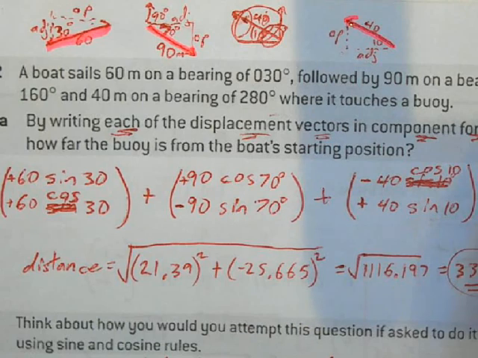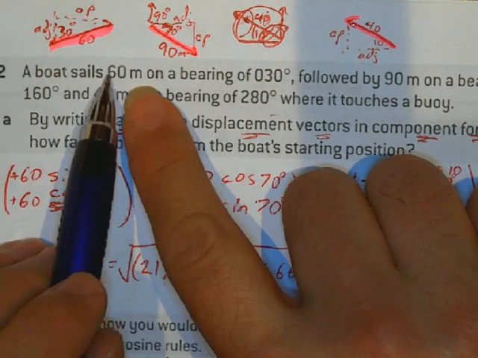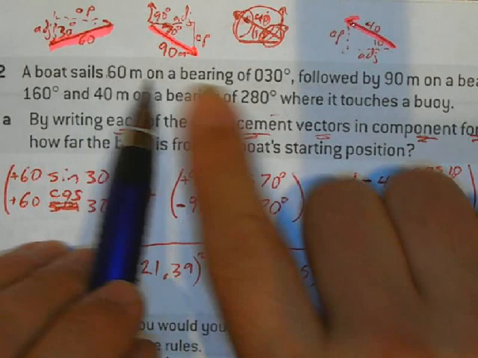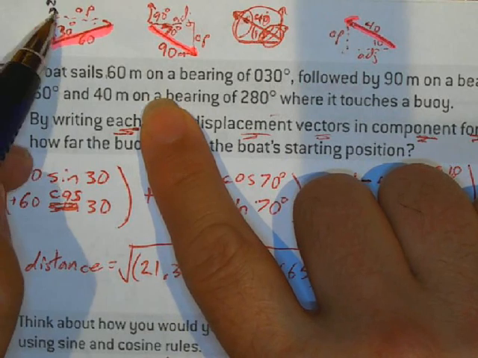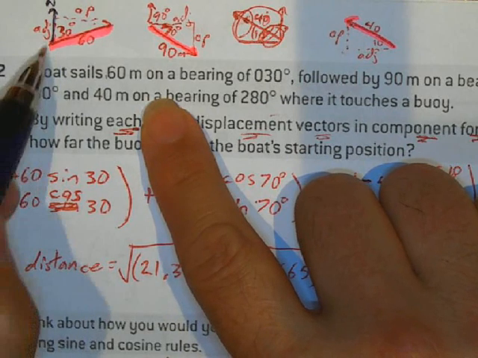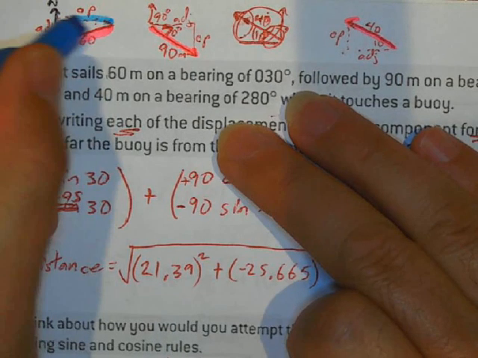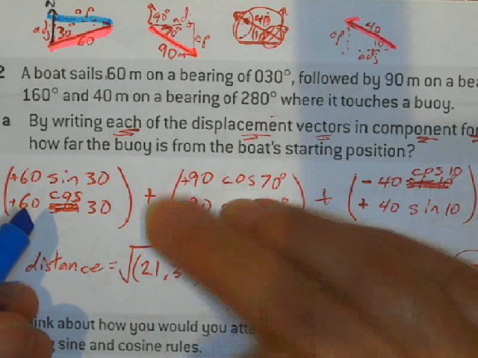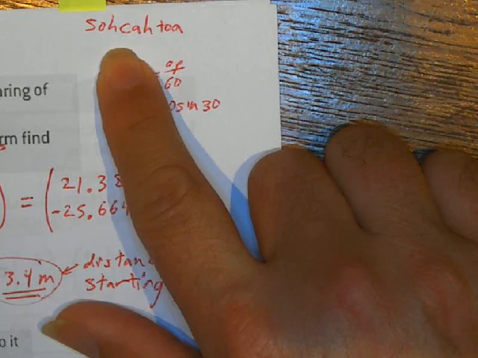Okay, let's do one at a time. Okay, if I'm going 30 degrees, 60 meters, so from this point here, north of 0, right? So 30 degrees means I'm going this way. So if I want to find my x direction here, I've got opposite and hypotenuse. So if I'm using opposite and hypotenuse, I'm going to do sine, aren't I?